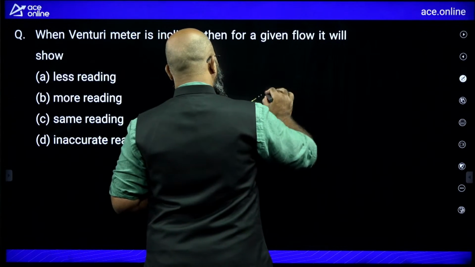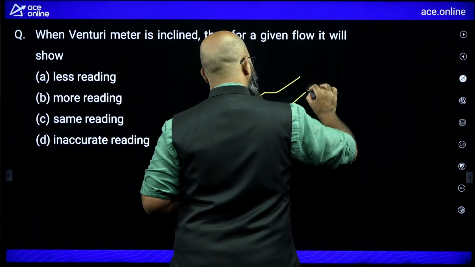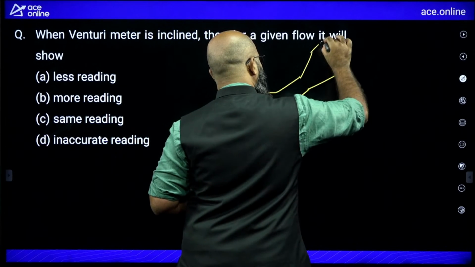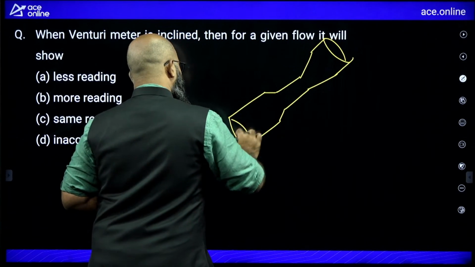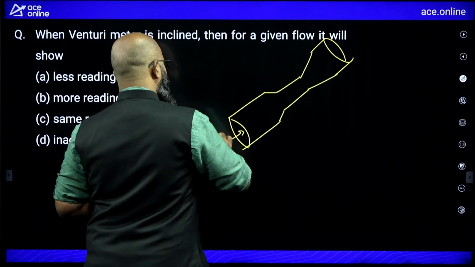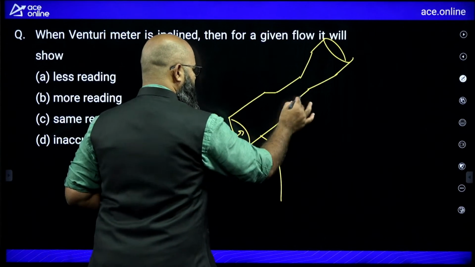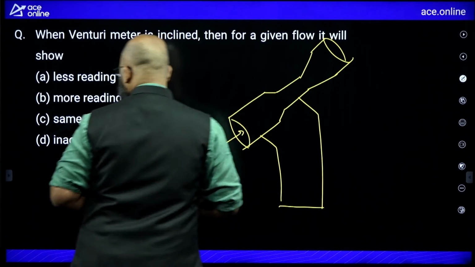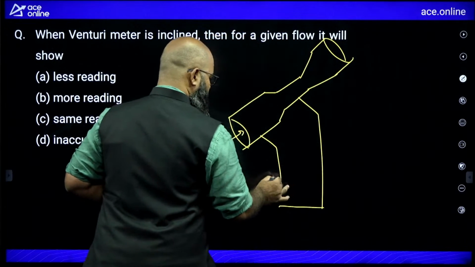Remember, if you have any device which is measuring velocity like a Venturi meter, please excuse my diagram, it might not be as clear. It is creating a particular amount of flow. For a given amount of flow, you have some reading here.